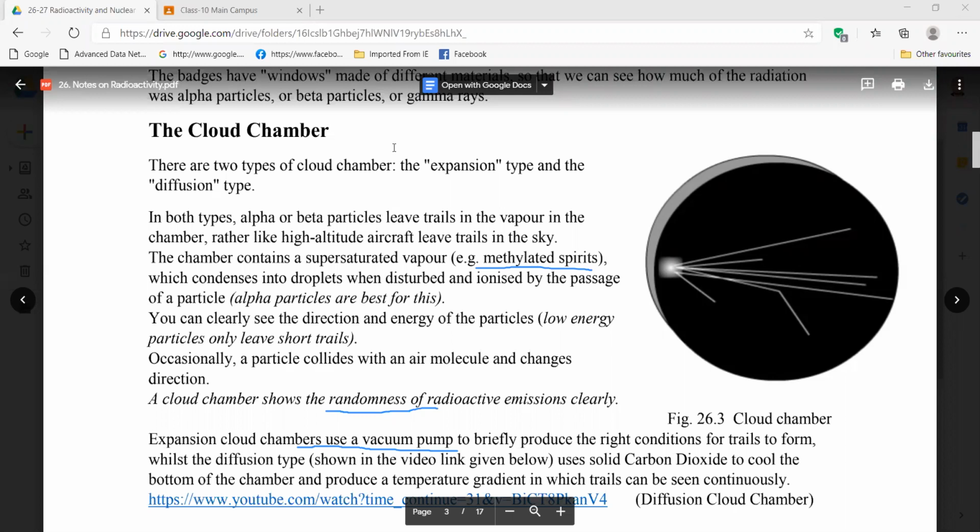So if the number of neutrons is more, then we are getting electrons. If the number of protons is more, then we are getting positrons. Is it clear?